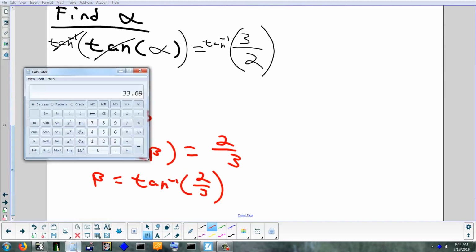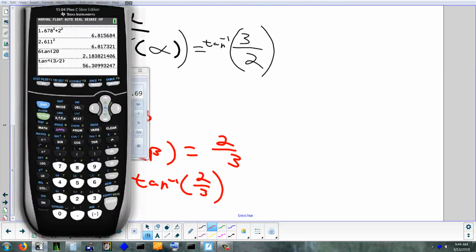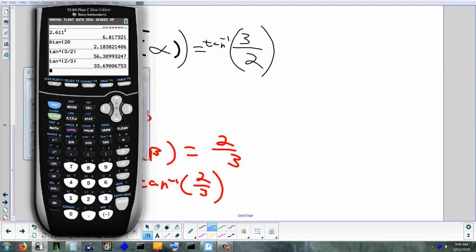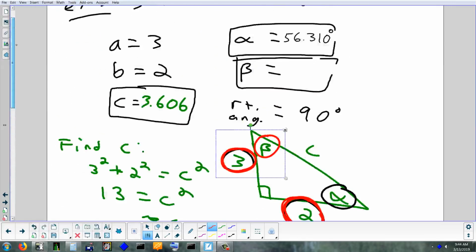So let's type that in. And if I get 33.69, then I'm guaranteed it's right because then I get the same answer 2 different ways. Let's see. Inverse tangent of 2/3, 33.69. Yep. So if you get the same answer 2 different ways, it's pretty sure it's right.